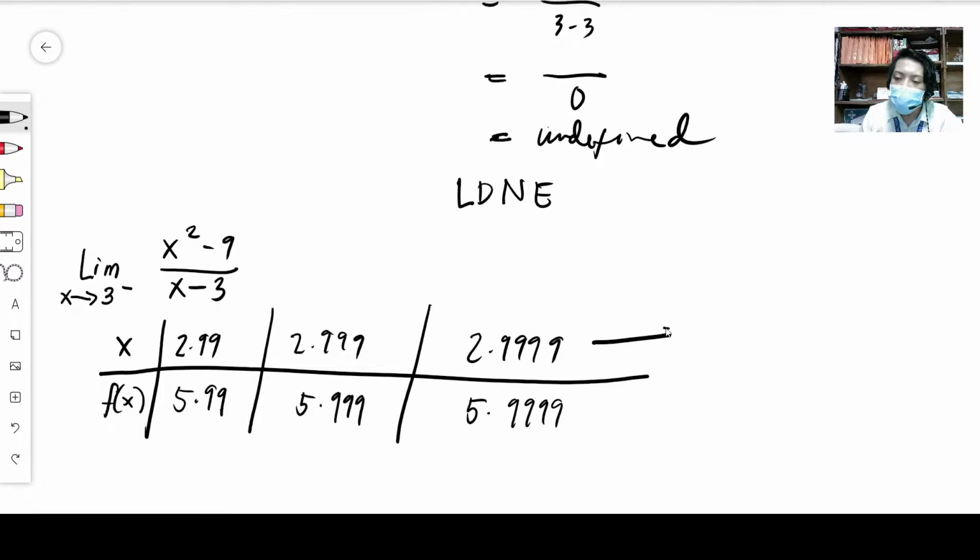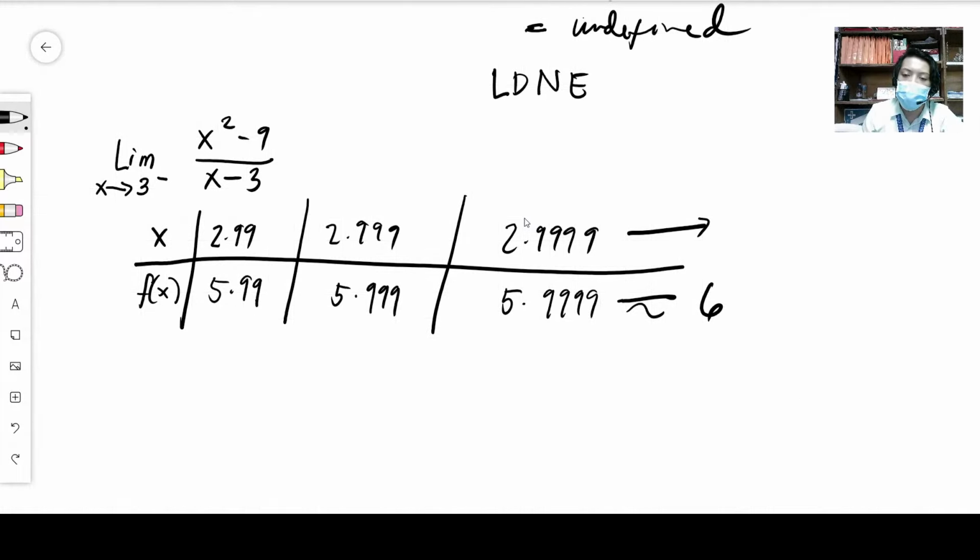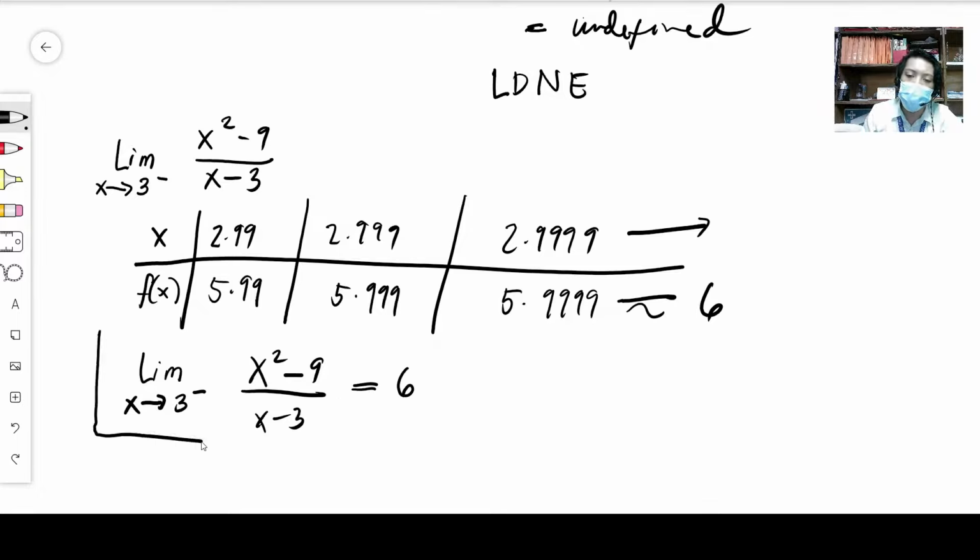If you continue, eventually this will reach 6. So you can say the limit of x squared minus 9 over x minus 3 as x approaches 3 coming from the left, the left-hand limit, is equal to 6. This is the left-hand limit only. Check the right-hand limit.